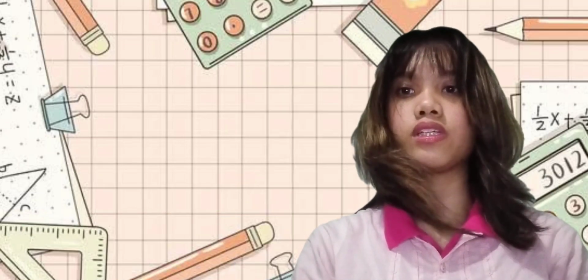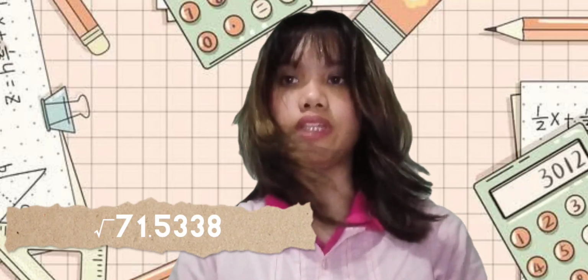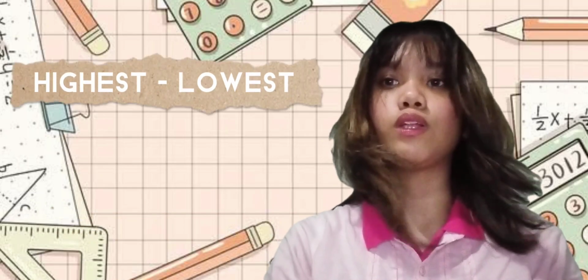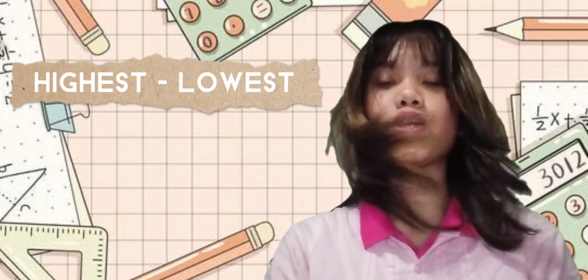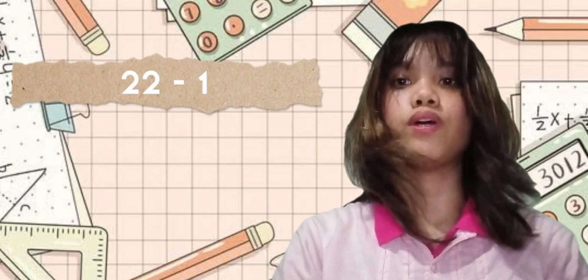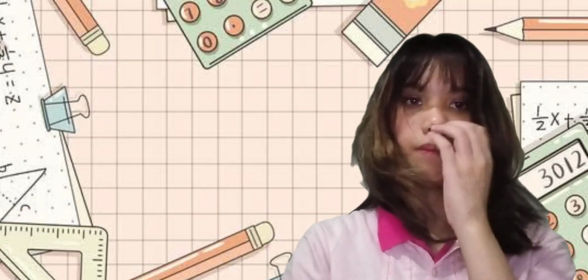To get this, we take the square root of the variance, 74.5338. Lastly, for our range, we subtract the lowest value from the highest value. Our highest value is 22 and our lowest is 1. Subtracting 1 from 22, our answer is 21. This is the answer for the range.